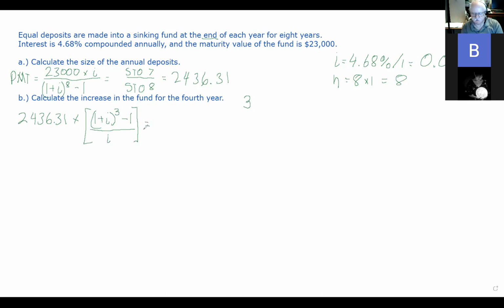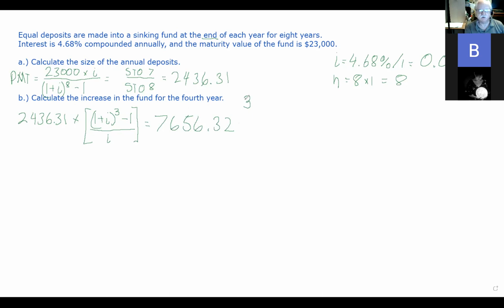See what that looks like. Recall 1 plus 1 y to the x 3 minus 1 divided by recall 1 times 2436.31, and I'm getting 7656.32.